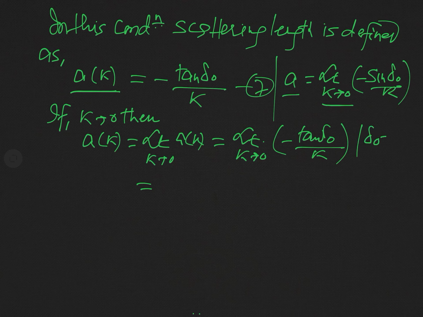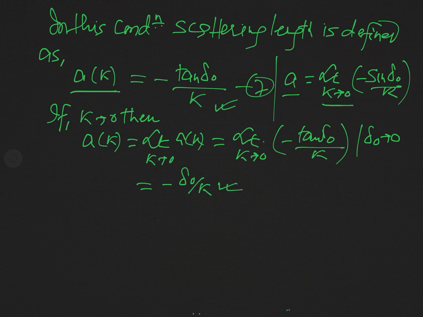And you know, when k tends to 0, delta naught will also tend to 0. And when delta naught tends to 0, then we can write tan delta naught simply as delta naught. And so our result will be minus delta naught by k. And you know, in this limiting condition, actually, this is the definition of the scattering length.